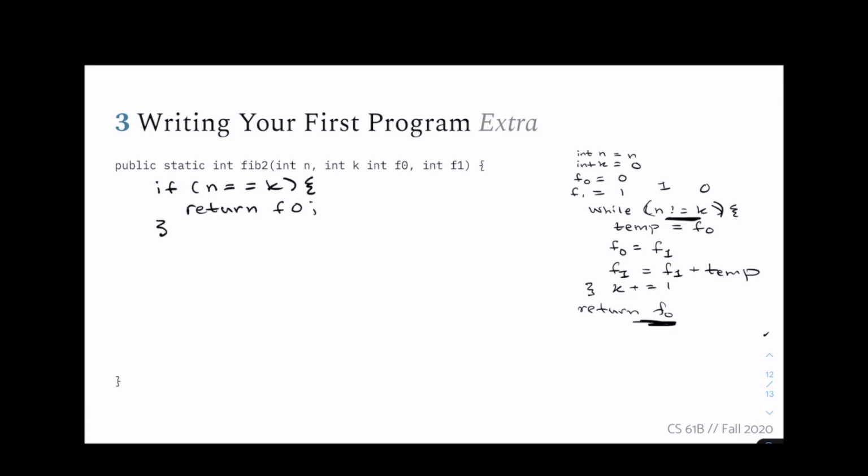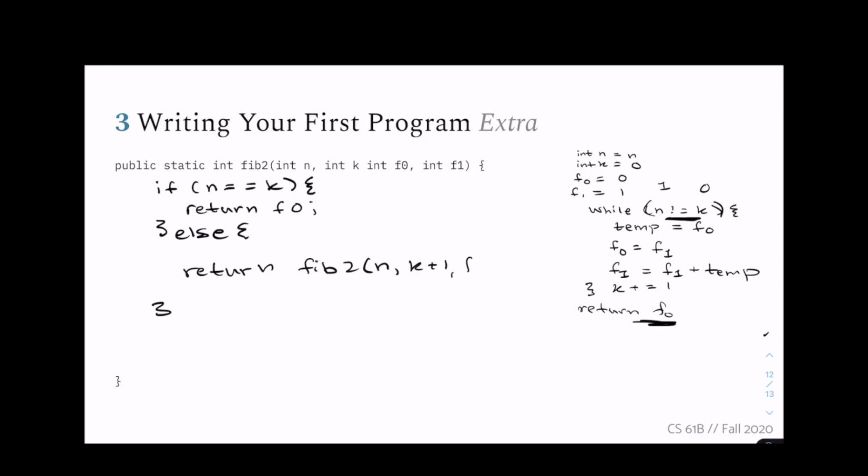But that's the easy part, right? So what do we return otherwise? So let's see. Let's go through each of these variables. First of all, we know that the n doesn't change throughout this whole thing. n is just there so that we know which iteration we're on. So that doesn't change. k, on the other hand, increases by 1 every iteration, right? So we should probably do k plus 1. f0 is actually going to be equal to f1.